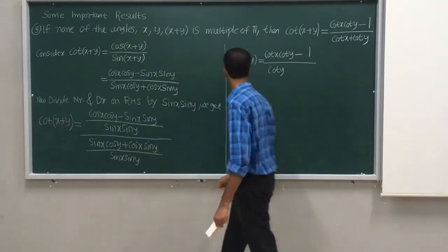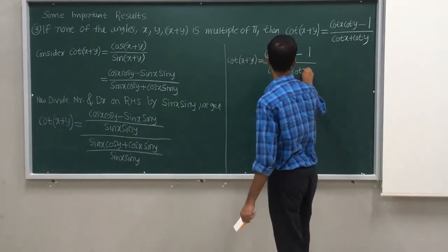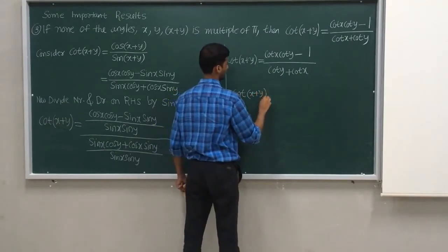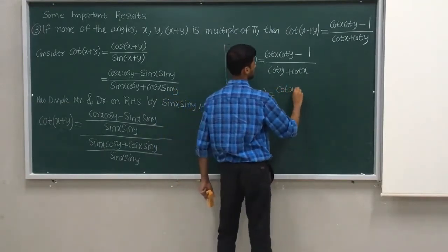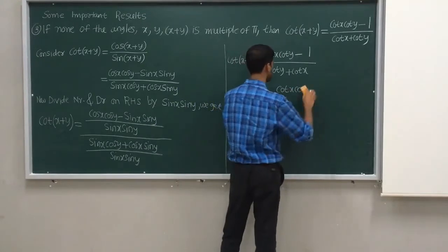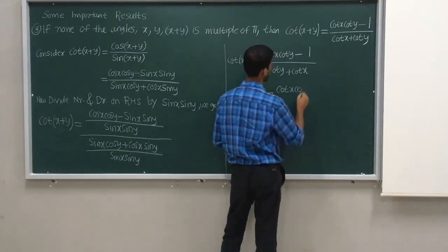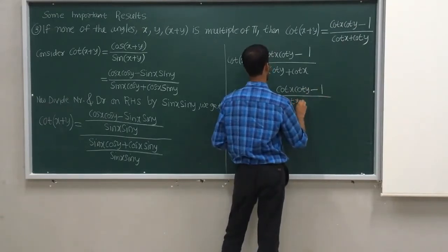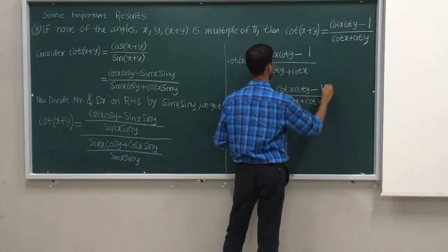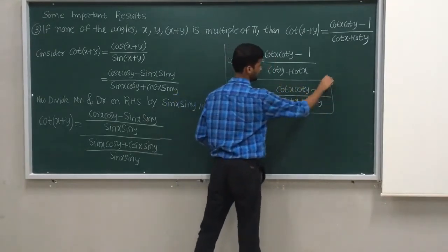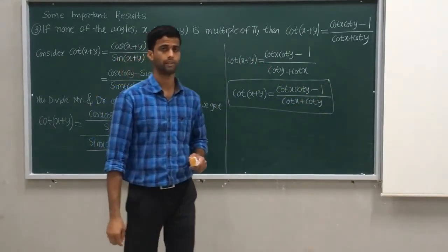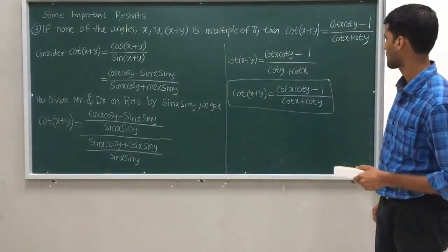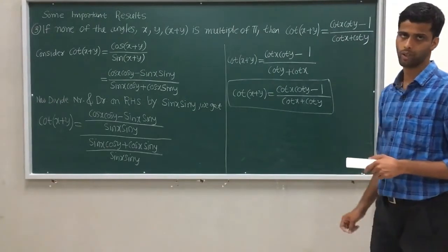As per expectation we got the answer, so I'll rearrange and write my final answer: cot x cot y minus 1 upon cot x plus cot y. This is the result which we derived using the cos by sine idea, or cot y plus cot x.